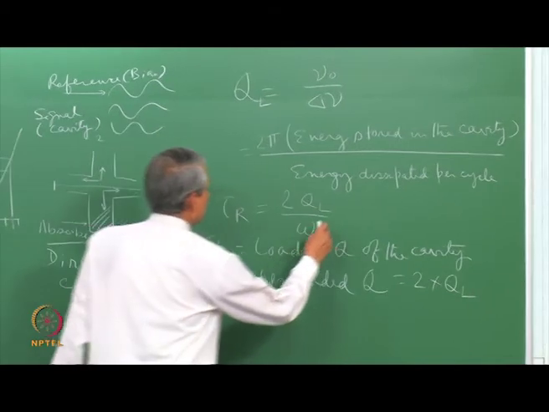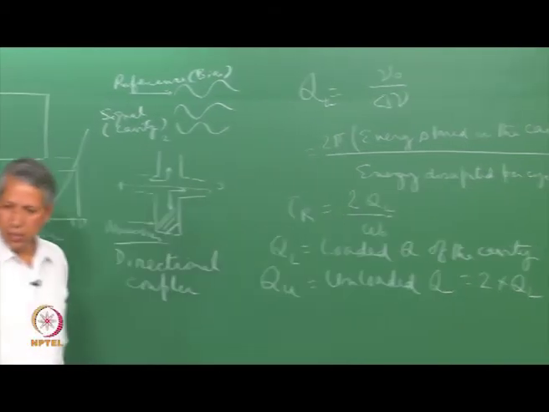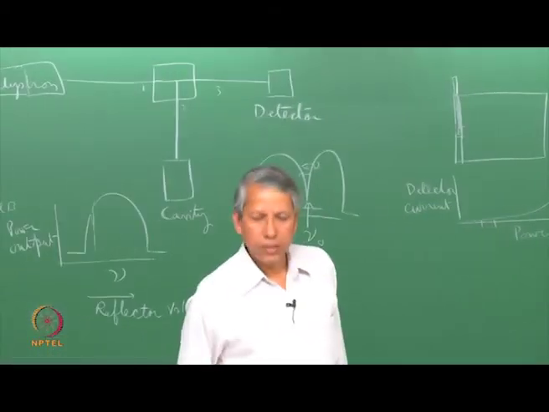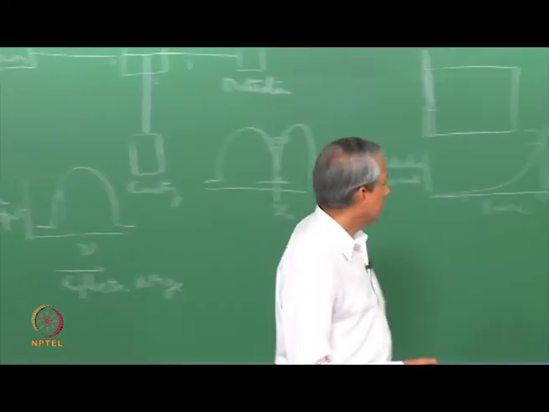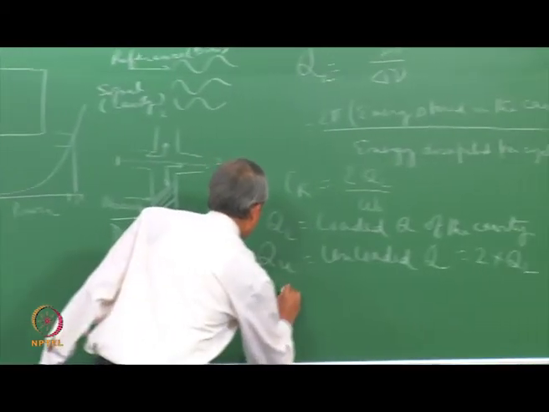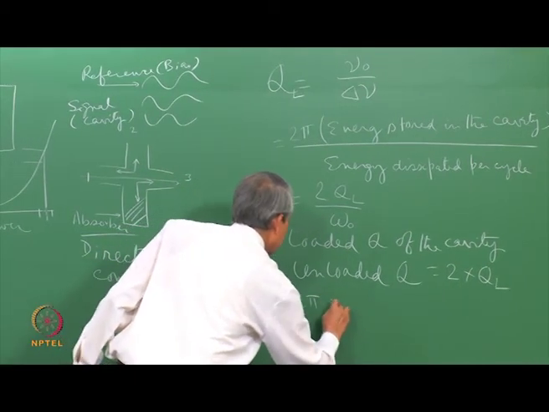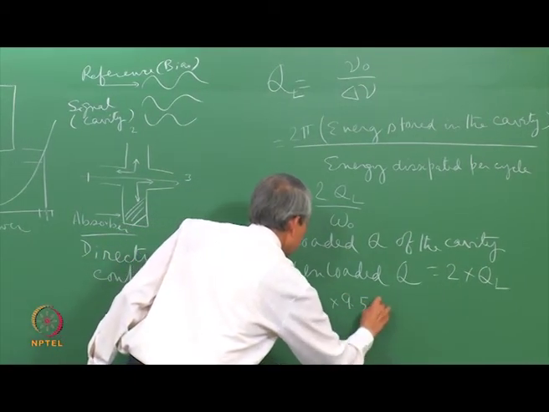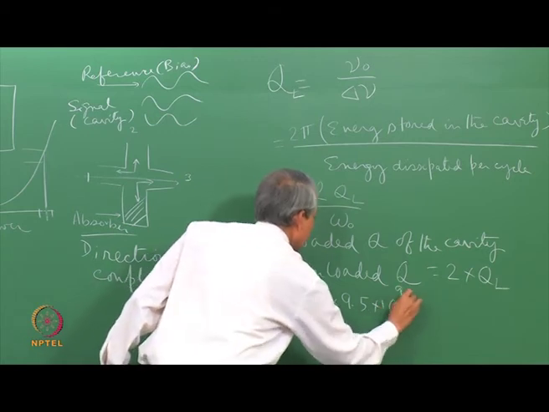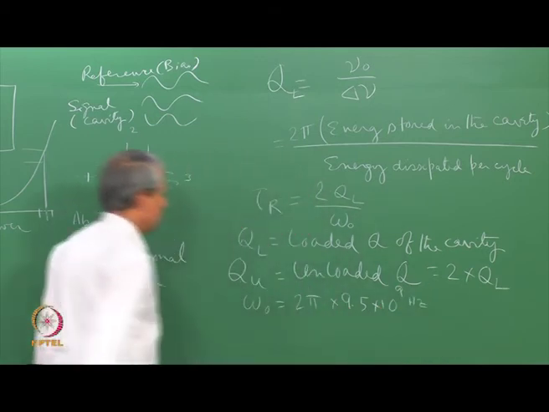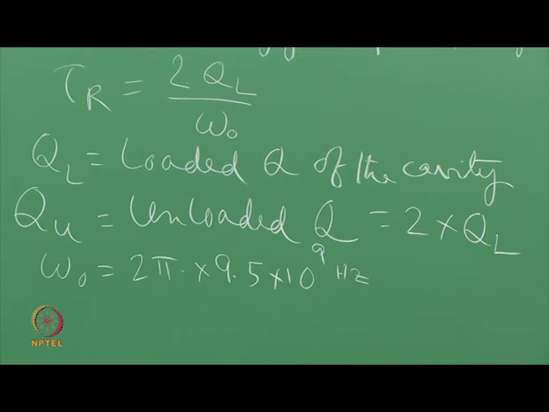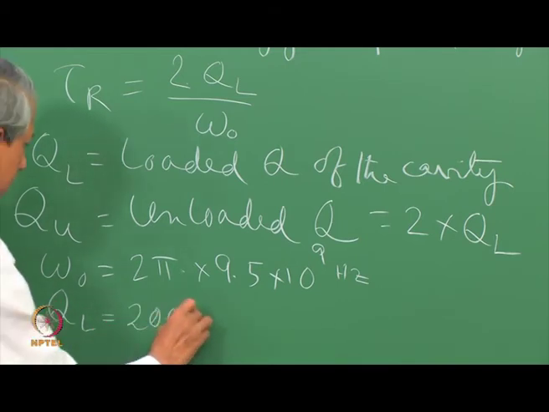So, let us see an EPR spectrometer, let us say of this kind, working in the X band, with frequency omega 0 = 2 pi nu, where nu is let us say 9.5 into 10 to the power 9 hertz. This is 9.5 gigahertz, and Q L is typically, let us say, 2000.